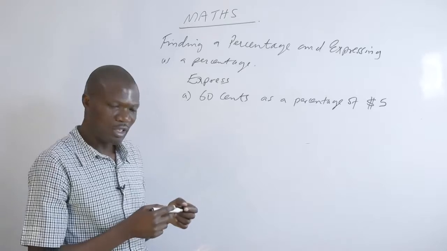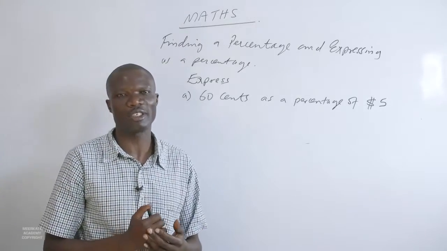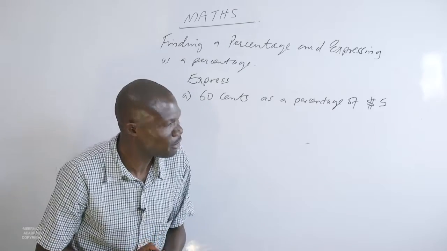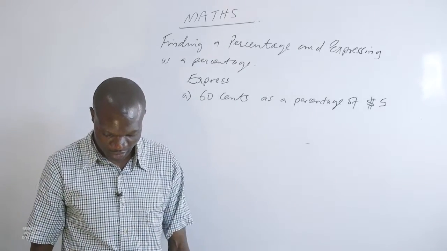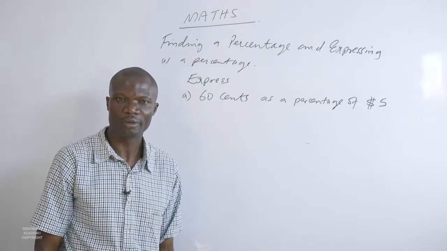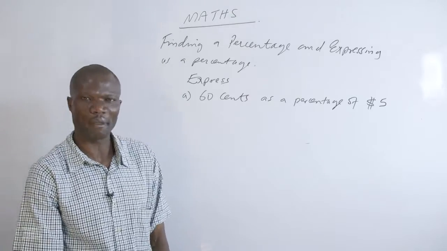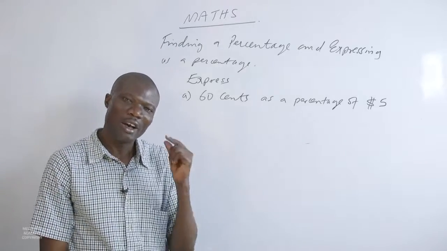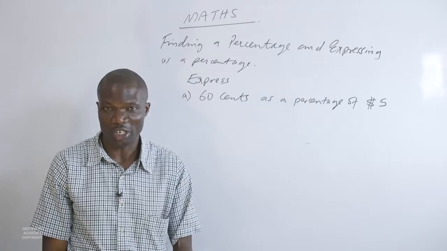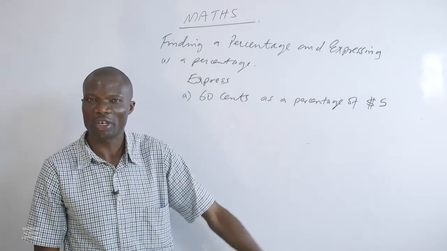Express 60 cents as a percentage of $5. Now, this one is very interesting. I'll start by taking you back. How many cents make $1? That's where we start from. And then how many cents will make $5?